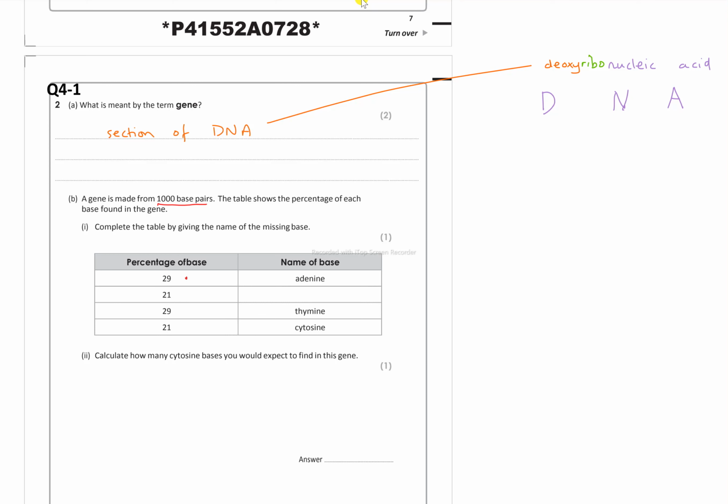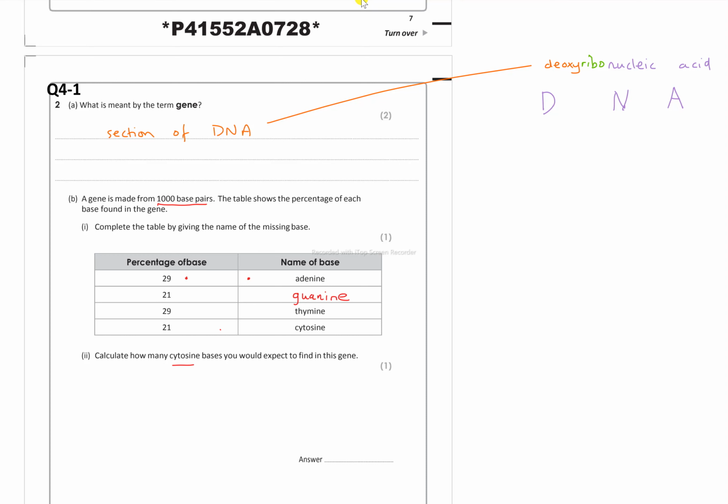So you've got 29% adenine, and guanine. Let's write that properly. Guanine. Calculate how many cytosine bases you would expect to find in this gene.